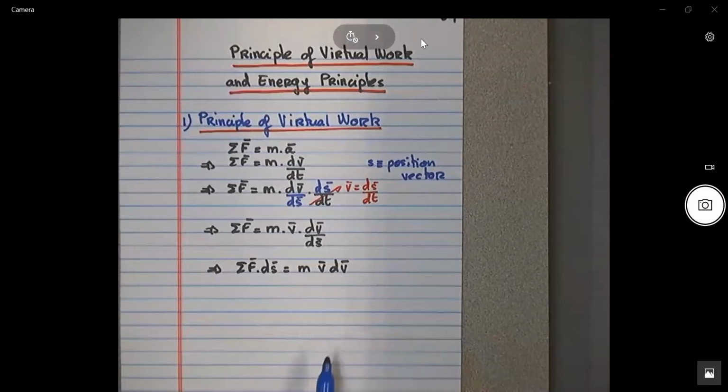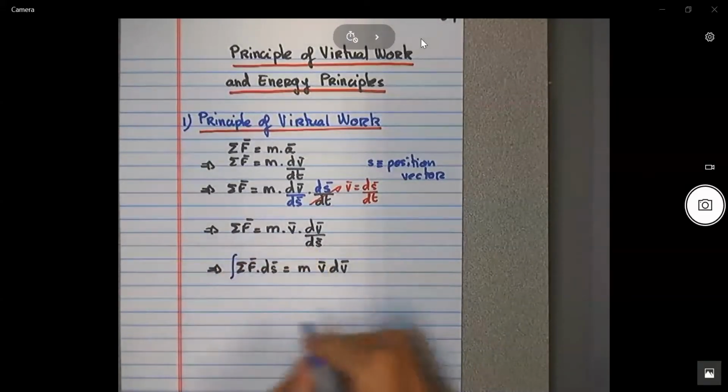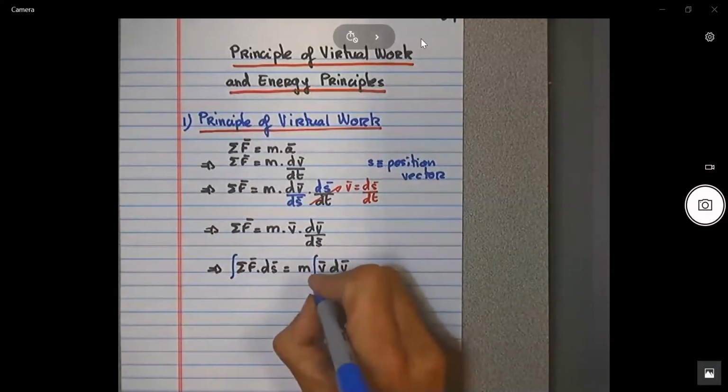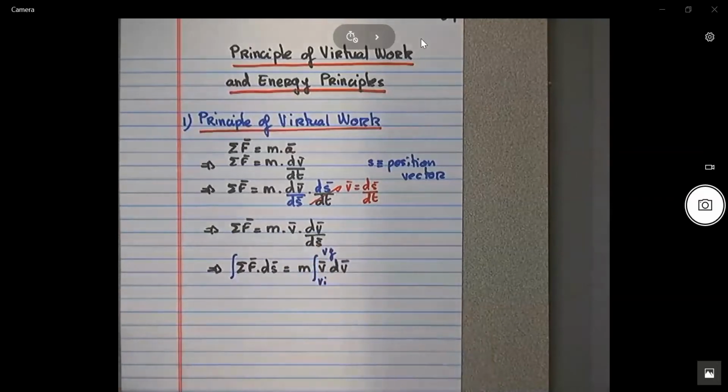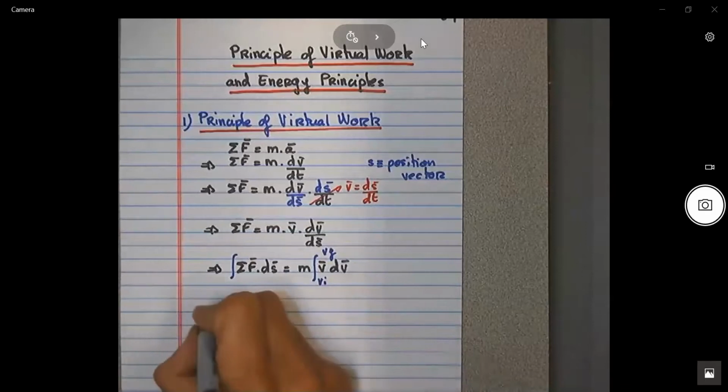Okay, so now that we have separated the variables, what we can do is to integrate. So if you integrate the right-hand side, you end up with what?